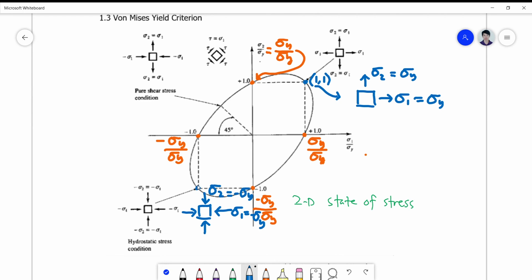Such that at this point again, your coordinates becomes negative 1 and negative 1.